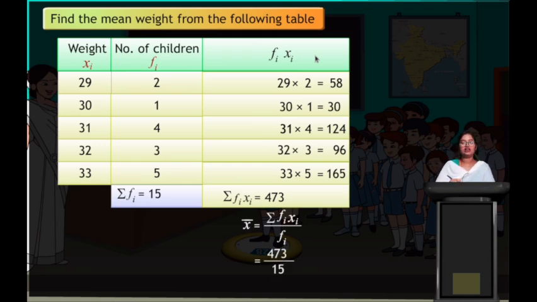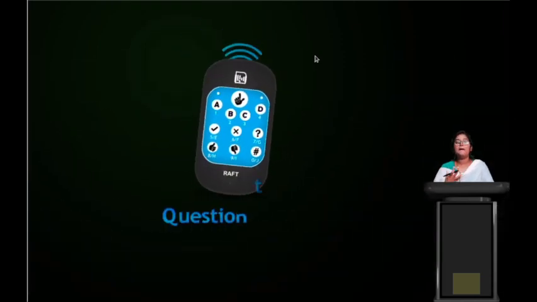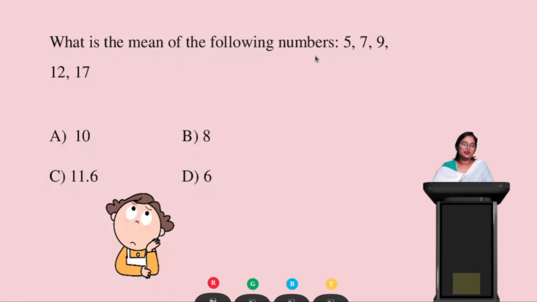So in the data we have found summation fi xi, that is 473. And what about sigma fi? It is 15, right? Yes. When we divide these two numbers, we get 31.53. 31.53 is the answer here. That means 31.53 is the mean weight of a student.